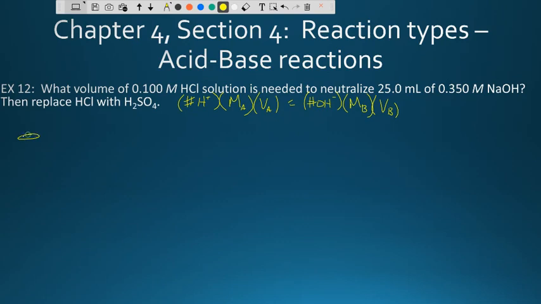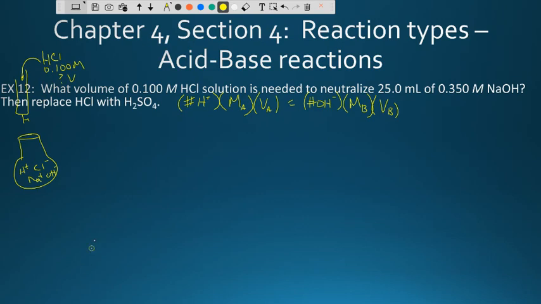Okay, so let's pick apart this problem. I'm going to be taking a look at a solution of hydrochloric acid and sodium hydroxide. Pulling apart this problem, I'm putting in, using the burette, hydrochloric acid, and I'm going to be neutralizing my sodium hydroxide in here. The problem is telling me I have a 0.100 molar solution of the acid, and the question is, what's my volume?